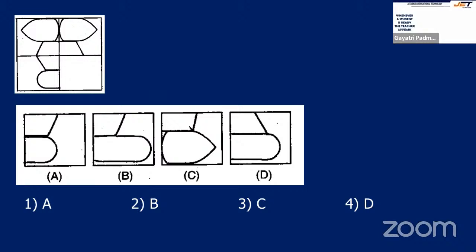Everything is same, but the difference is the size. So you need to choose which is the correct size, which should fit into this. Is it option A, option B, option C, or option D? Your time has already started. Your 30 seconds is running.